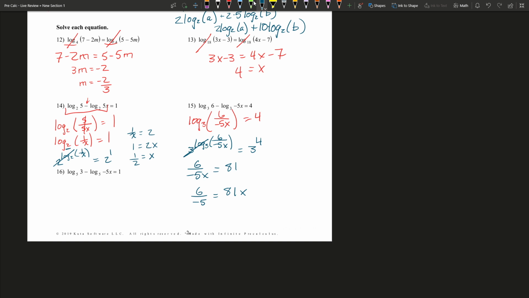And then we have to divide both sides by positive 81. So 6 divided by whatever negative 5 times 81 is equal to x. Obviously, I would want you to simplify that. I just don't have a calculator in hand.